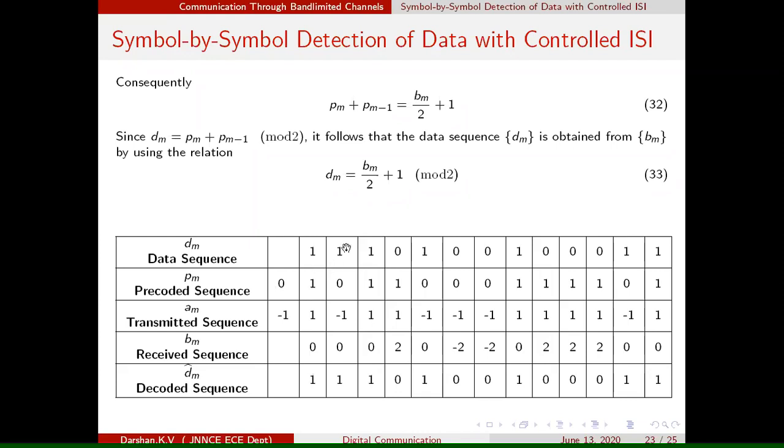Now at the next instant the data is 1. How to get the pre-coded sequence? 1 XOR the previous pre-coded sequence, which over here is 1. So the data sequence is XORed with the previous pre-coded sequence. 1 XOR 1 is 0. That is how we have got the pre-coded sequence.